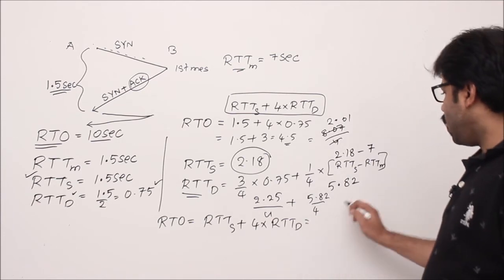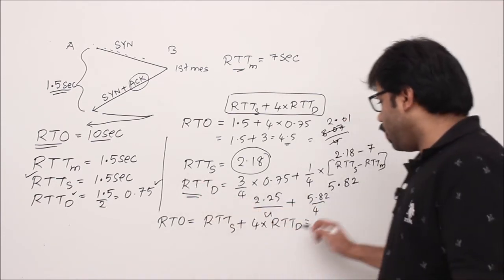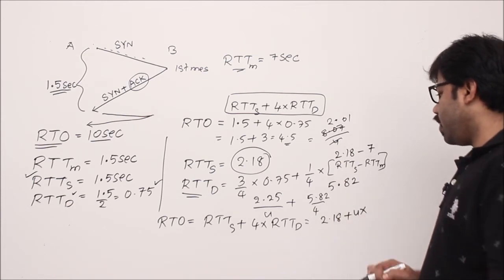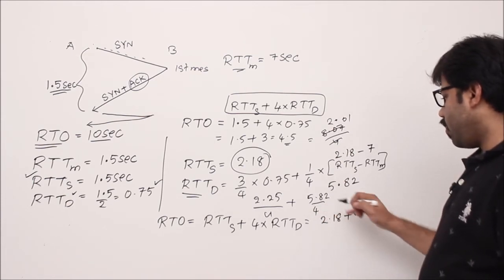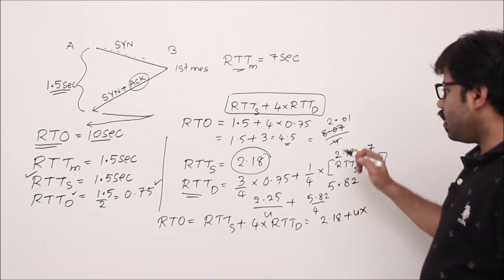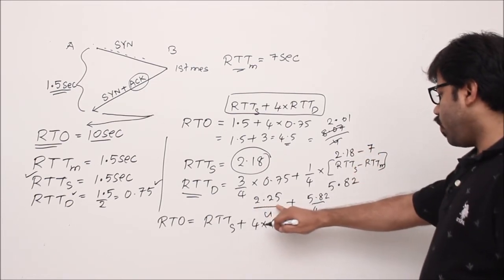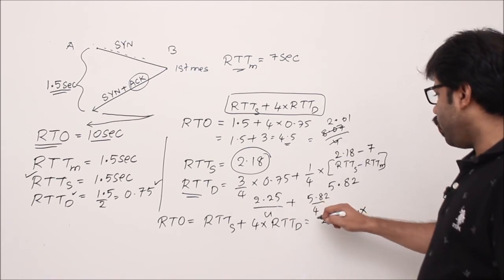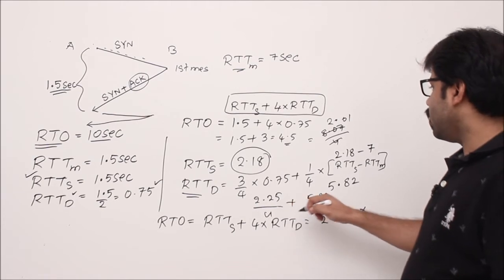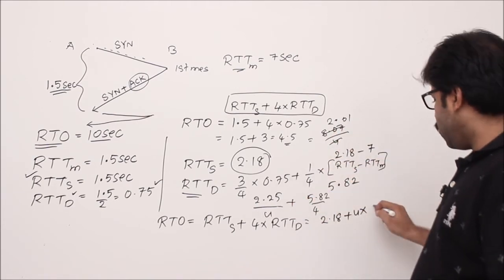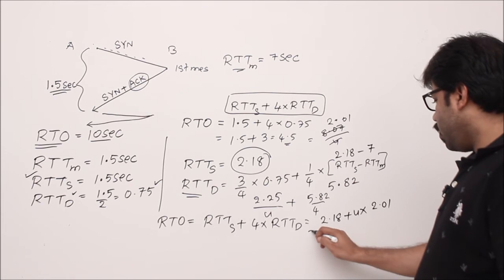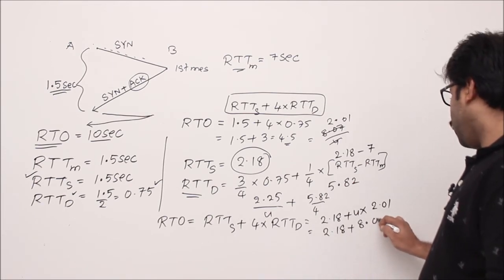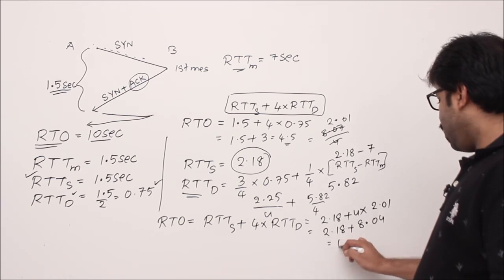The current RTT smooth is 2.18, plus 4 into the RTT deviation we have just computed. That is 2.25 plus 5.82 by 4, so you get 8.07 by 4, about 2.01. Then it would be 2.18 plus 8.04 something, which is 10.22.